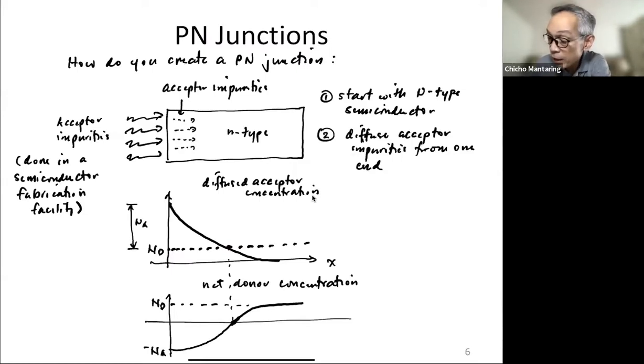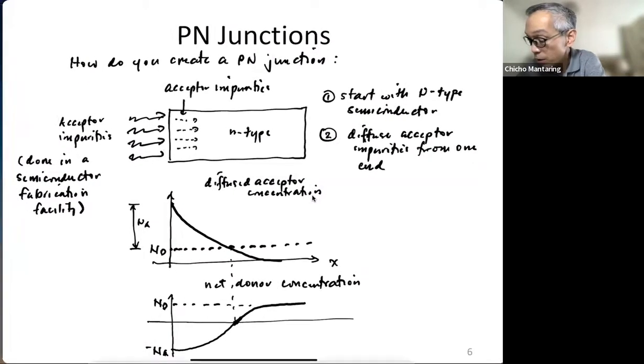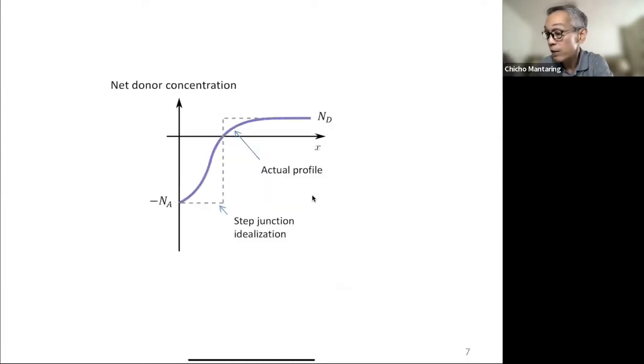Because if I subtract this plot from this line, more or less this is what I'm going to get. Itong baba, ito yung makukuha ko. Where the distance between this and this is the distance from here to here. Okay, that's going to be my net donor concentration. Okay, so I show it again here. This is going to be my net donor concentration.